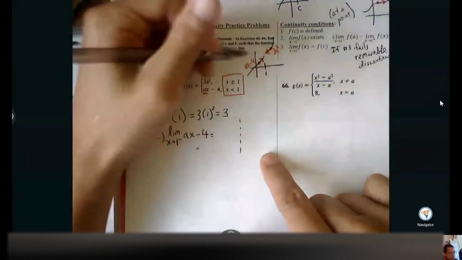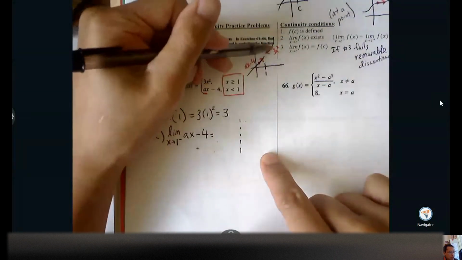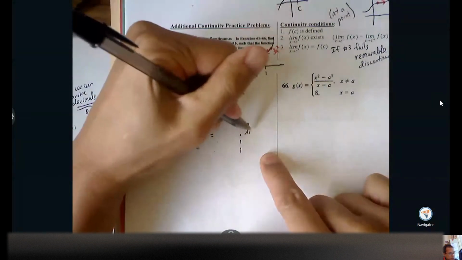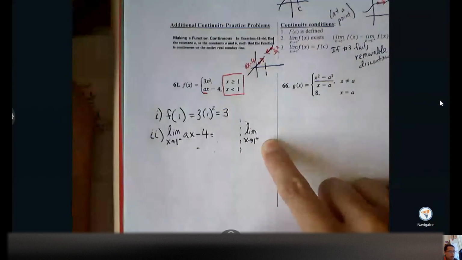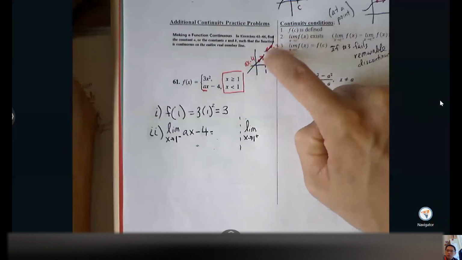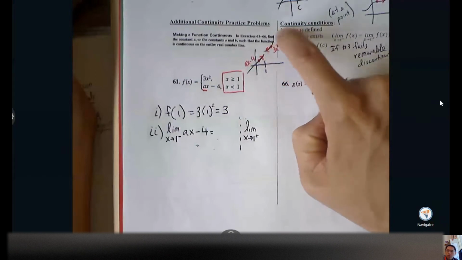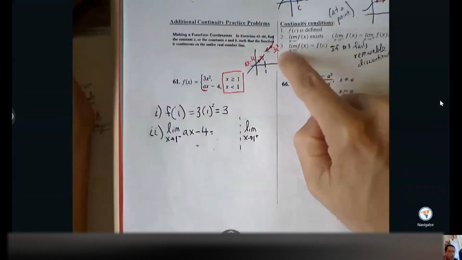We also want to find the limit coming from the other side. And if we're coming from the other side, we're obviously working with the parabola, right? So that must be the 3x squared.